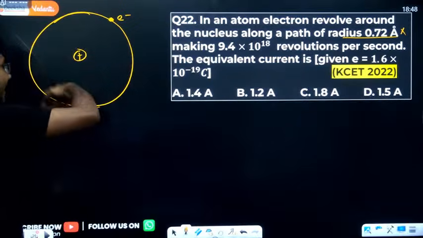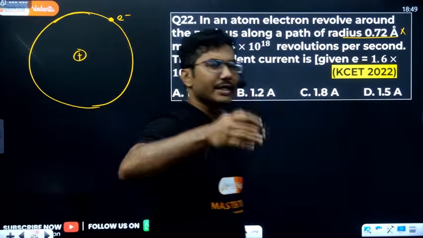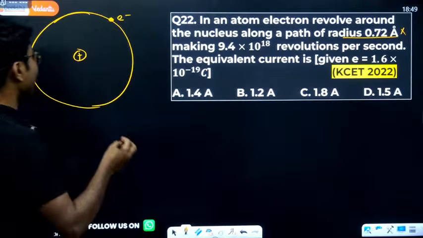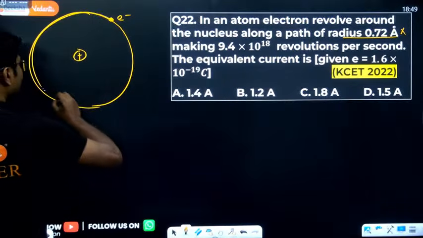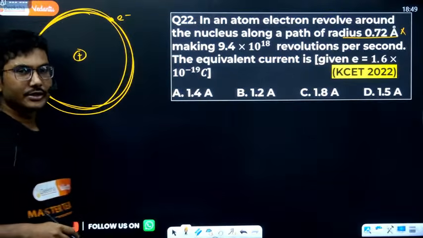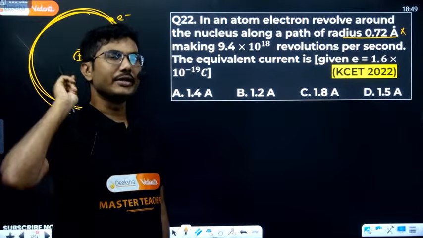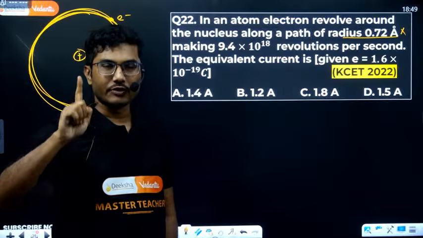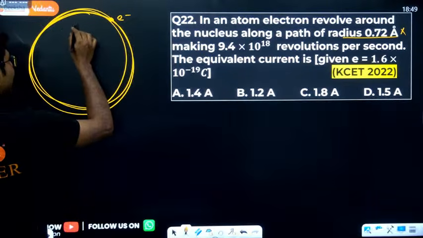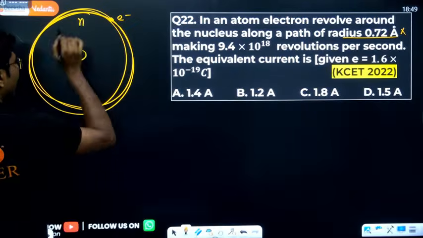Whenever an electron or charged particle is rotating in a circular path, the thing that you have to measure is in 1 second how many rotations it is doing. Each rotation refers to one electron's equivalent of charge. Suppose in 1 second it is making n rotations.